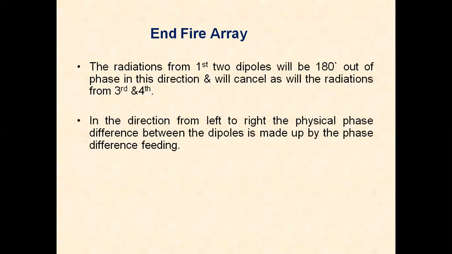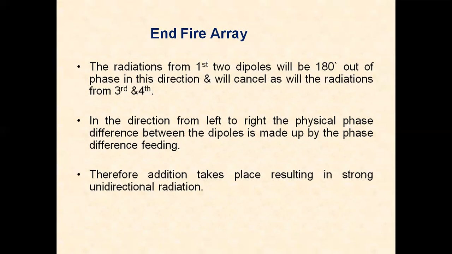In the direction from left to right, the physical phase difference between the dipoles is made up by the phase difference of feeding. Therefore, addition takes place, resulting in a strong unidirectional radiation pattern.